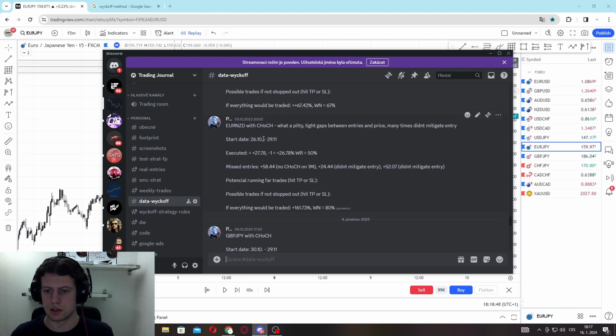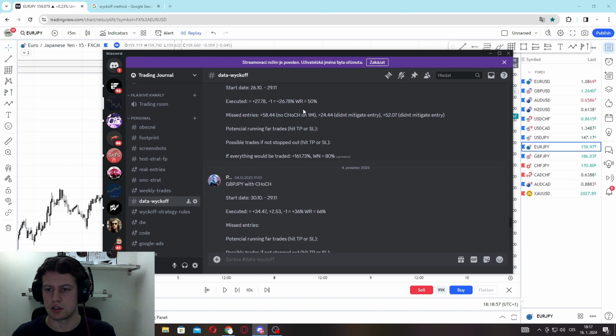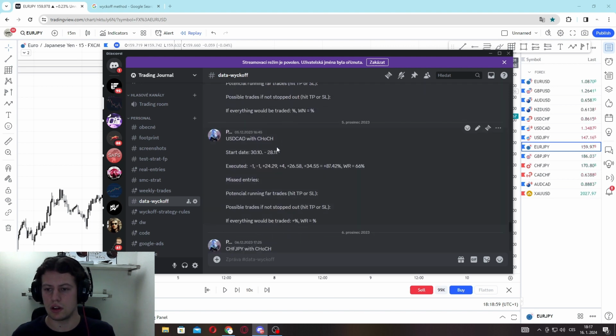This is the data for 1 month. So you can see what could have been executed and the win rate. For example, this is 1 month, and you can see 1 stop loss, 2 stop loss, 24%, 4%.